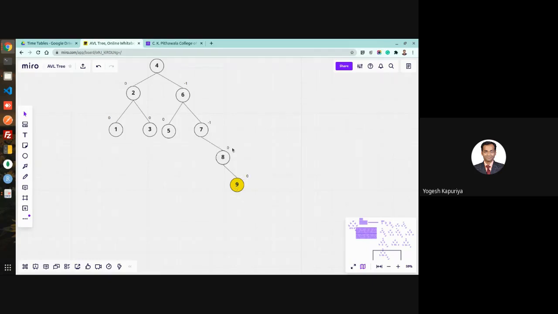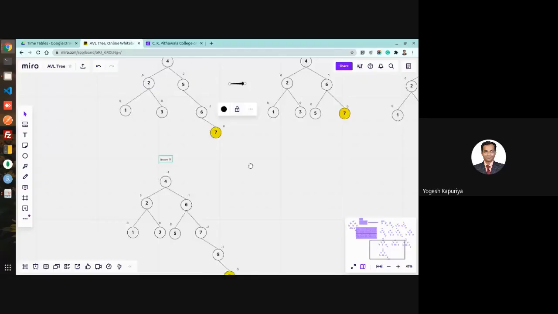This is 0, this will be minus 1. This is minus 2. When you reach minus 2, again this is right. So rotation is required.